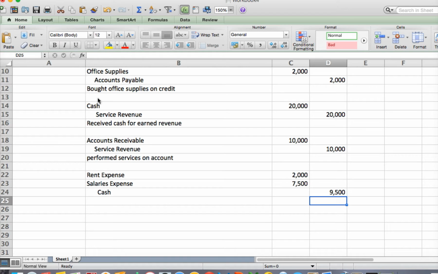So again, in terms of my net income, since I've put that into an expense account, that will affect my net income. And in terms of the basic accounting equation, whenever something's recorded as an expense, the expense account goes up. That means the owner's equity goes down.